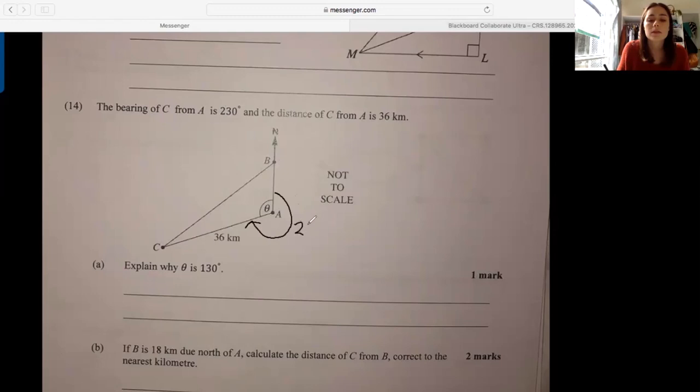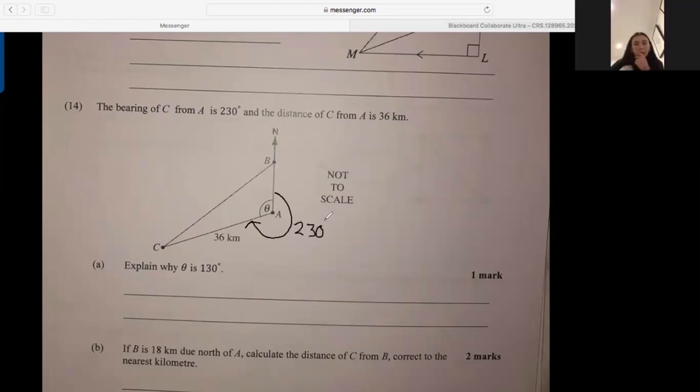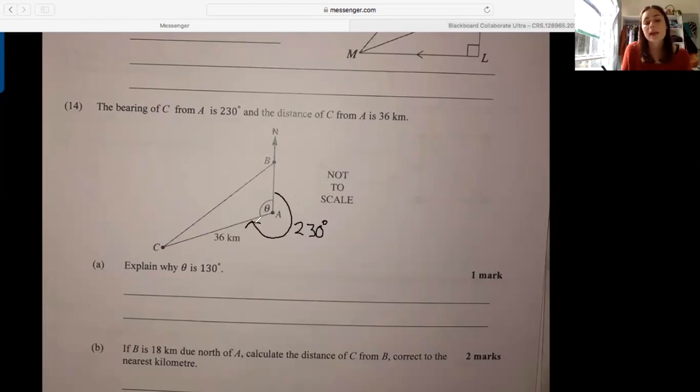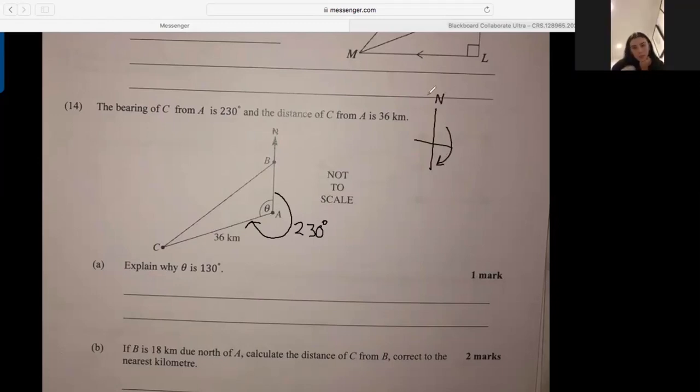It would be 230, because that's the angle of the line C from the north position. And when you do a true bearing, you always measure from the north position, like that one. Do you remember doing those?